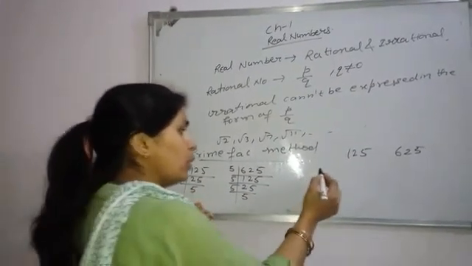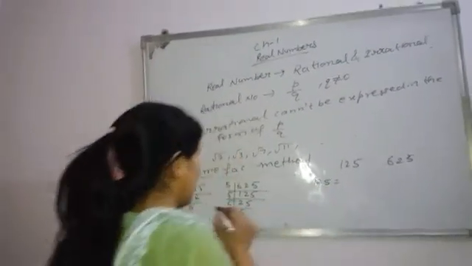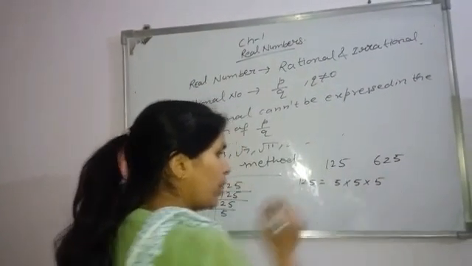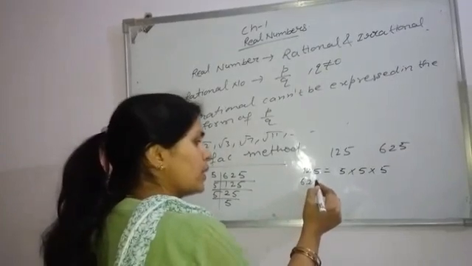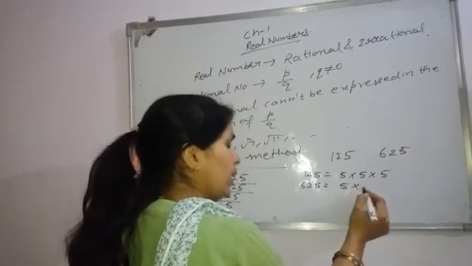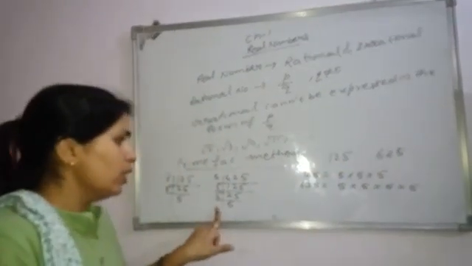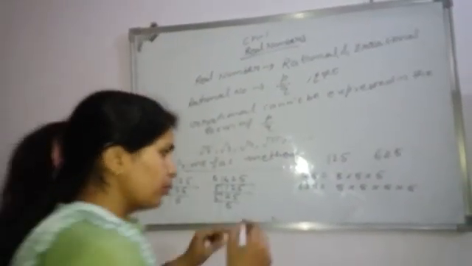Now 125 can be expressed as 5 into 5 into 5, and 625 we can express as 5 comes 4 times.